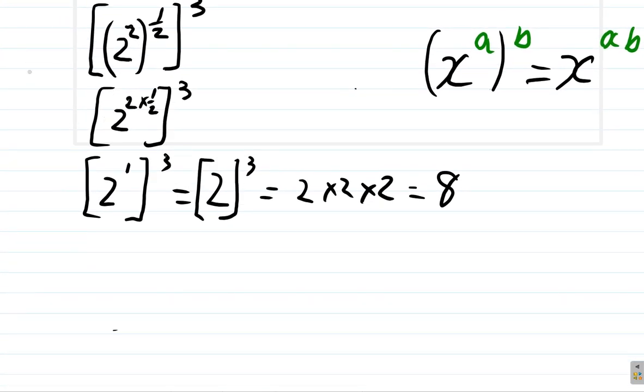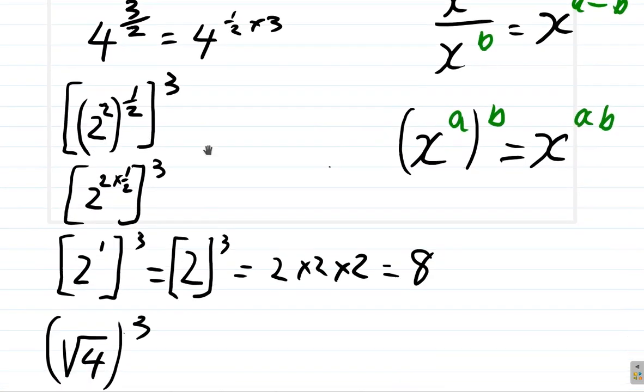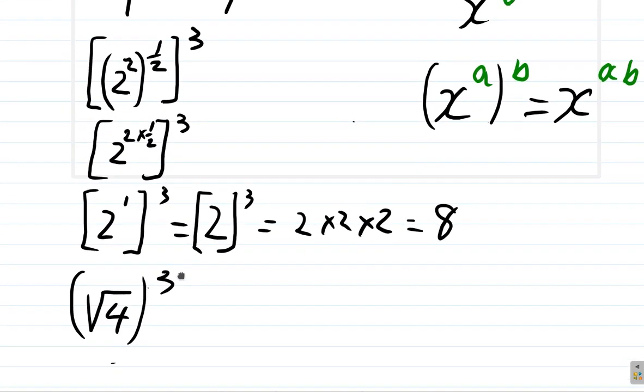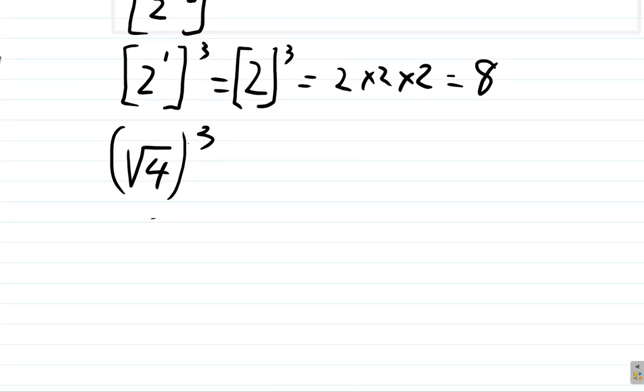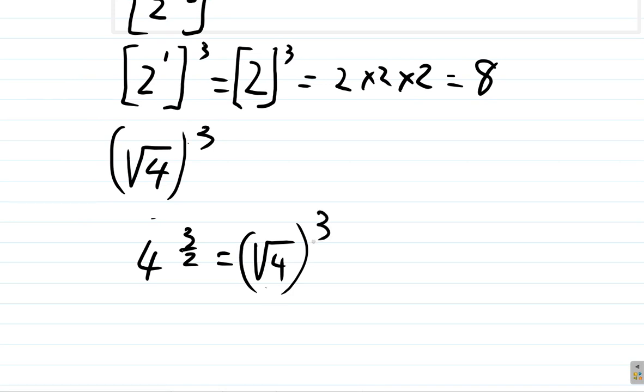So here, 2 to the 1 is the square root of 4, and what you had was that raised to the power of 3. Square root of 4 raised to the power of 3. Let's look back at this: 4 to the 3 over 2. 4 raised to the 3 over 2 is the same as the square root of 4 raised to the power of 3.